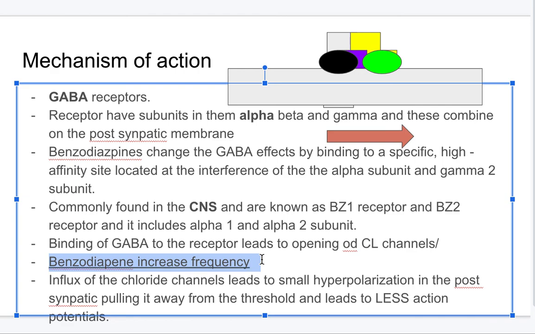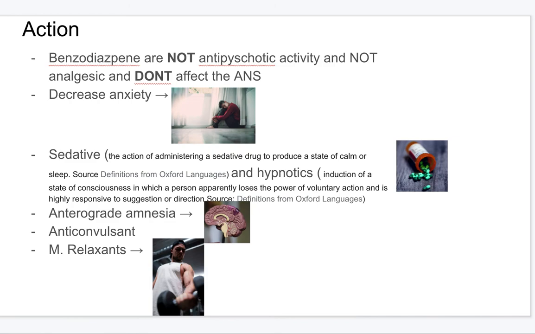My third question is, what are the effects of benzodiazepines clinically speaking? When do you want to give them to a patient? The answer is anxiety. Maybe you want them as a sedative hypnotic. Maybe you want anterograde amnesia, anticonvulsants. Anticonvulsants can be given as muscle relaxants. Anterograde amnesia is like a toxicity.